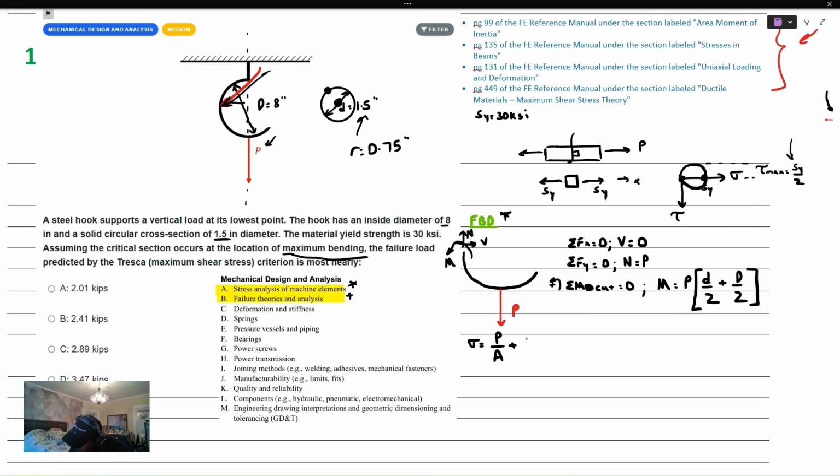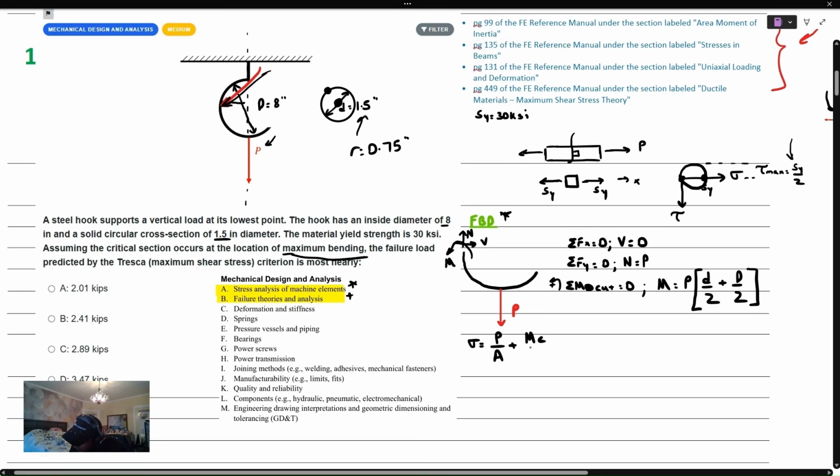So that's going to be equal to Mc over I. I'm going to leave the P over A as is, and I'm going to make some substitutions for that internal bending moment that we found to be P multiplied by uppercase D plus lowercase d over 2. We found that from equilibrium over here. The c value is just the radius of that cross section, and the I value is just pi r to the 4th over 4.